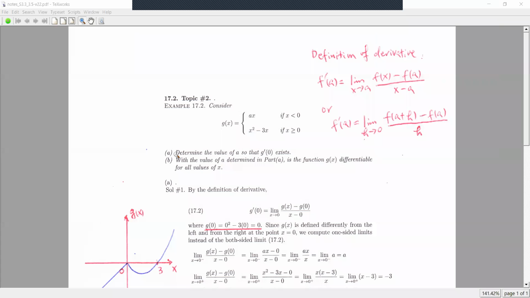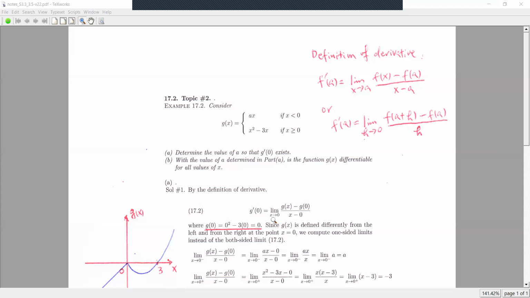About part A, I have two solutions. In solution 1, I use the definition of derivative to answer the question. By this formula, derivative of g at point 0 is this limit. This limit is a both-sided limit.